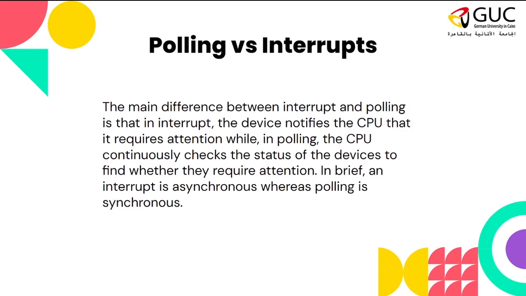In brief, an interrupt is asynchronous, whereas polling is synchronous, right? Because in polling, each clock cycle we check the device, but the interrupt happens whenever. It doesn't have to happen in sync with the clock.